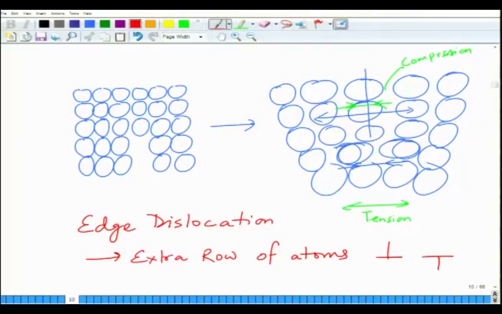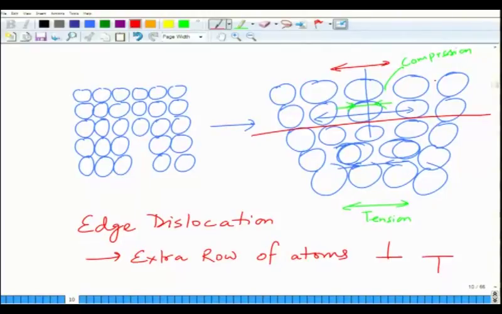If it is present on the other side, it is called a negative edge dislocation. Now, this edge dislocation moves as a function of stress in the material. When you apply stress, the dislocation can move in this or this direction. The way it happens is that this is the plane on which it moves.